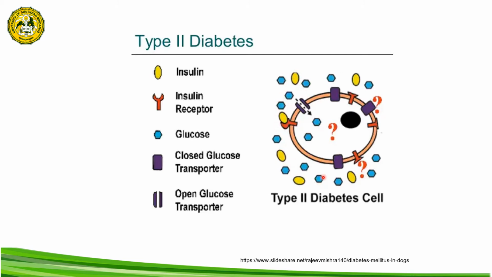But in type 2 diabetes, there is only a very minimal amount of glucose that enters the cell, so the glucose will still accumulate in the bloodstream. In this type of cell, the cell does not respond to the presence of insulin in the bloodstream.